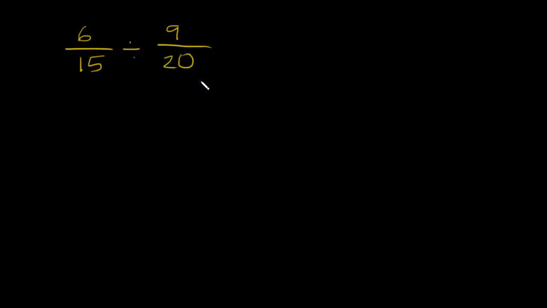Alrighty? So, when I am dividing fractions, this could also be written as 6 over 15 over 9 over 20, like that. Whichever one you prefer. This is the form that you'll typically see these in just because it's a lot easier. Although sometimes you might have a complex fraction like that.